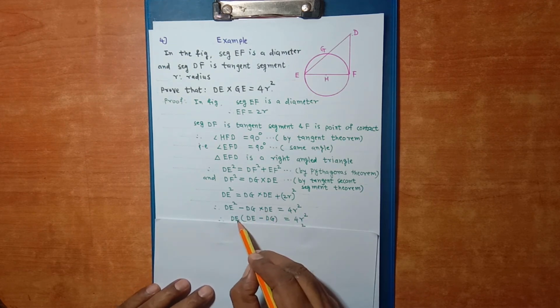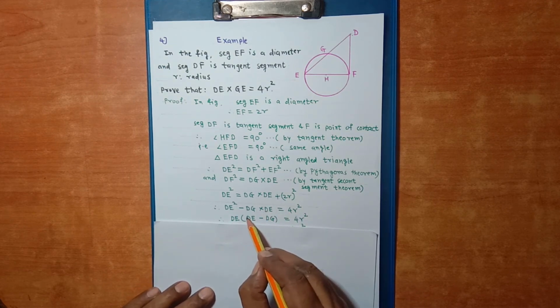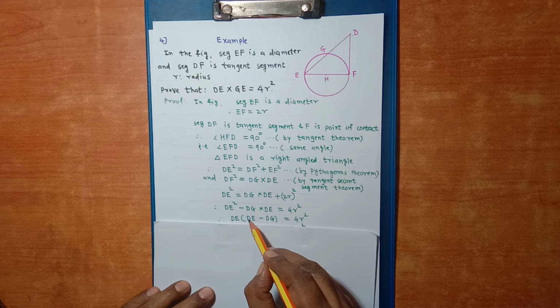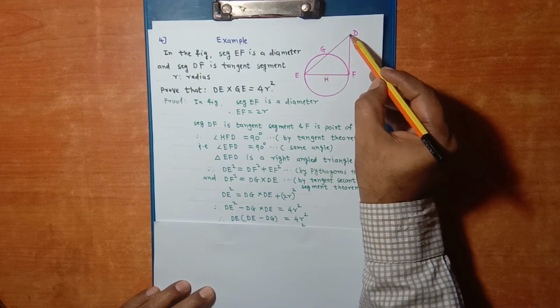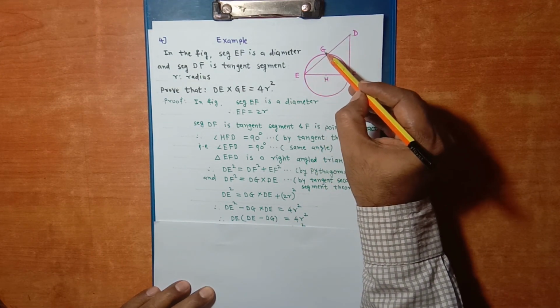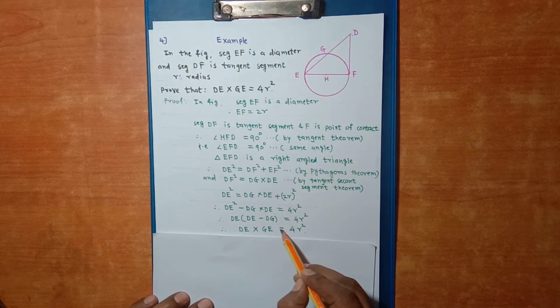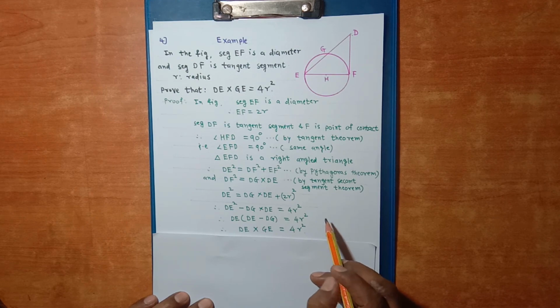DE is common, so taking DE as common, in brackets DE minus DG is equal to 4R square. Now the subtraction of DE minus DG, this is DE, this is DG, leaves GE, so we get DE into GE is equal to 4R square. Thus we have proved it.